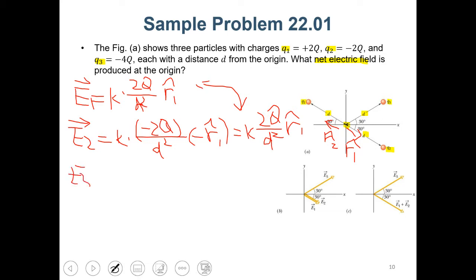So for E3, it is K times minus 4Q over d squared. And then R3 is in this direction.